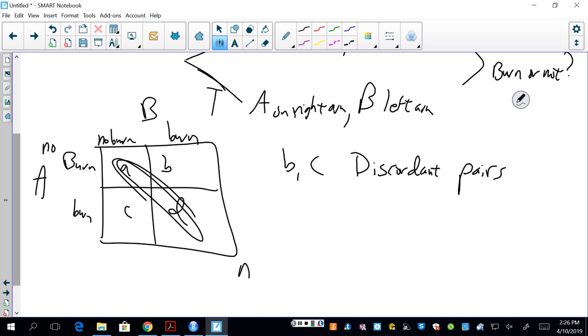I have A on this arm and I don't burn. I have B on this one, but it's burned. One person is getting two different results. It's called discordant. So this gets tested with something called McNemar's test.